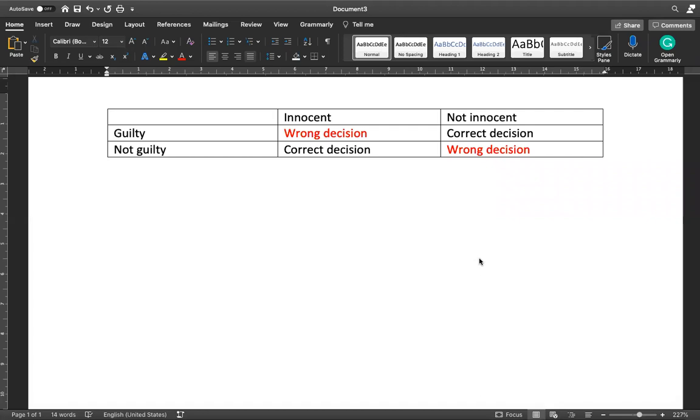You can give me your answers in the chat. Between an innocent person who is proven guilty and is maybe sentenced, and someone who is actually not innocent, who actually committed a crime but has been proven not guilty, which of them is very grievous?